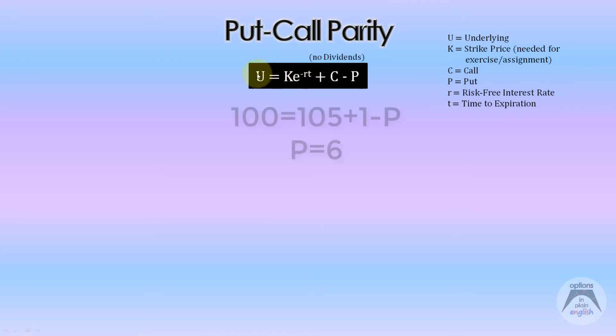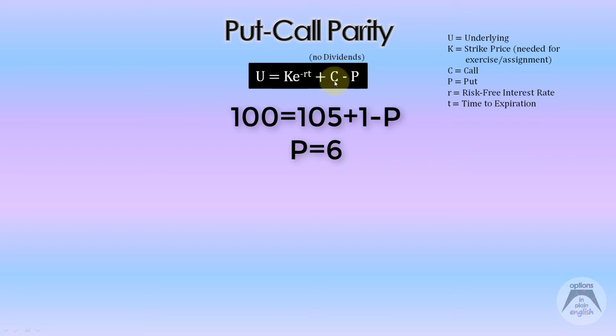So, for example, if you have a stock trading at $100 and you want to evaluate the strike price at 105, and the call at 105 is trading at $1, then you know that 100 is going to be equal to 105 plus the value of the call, which is going to be 1, so it's going to be 106.